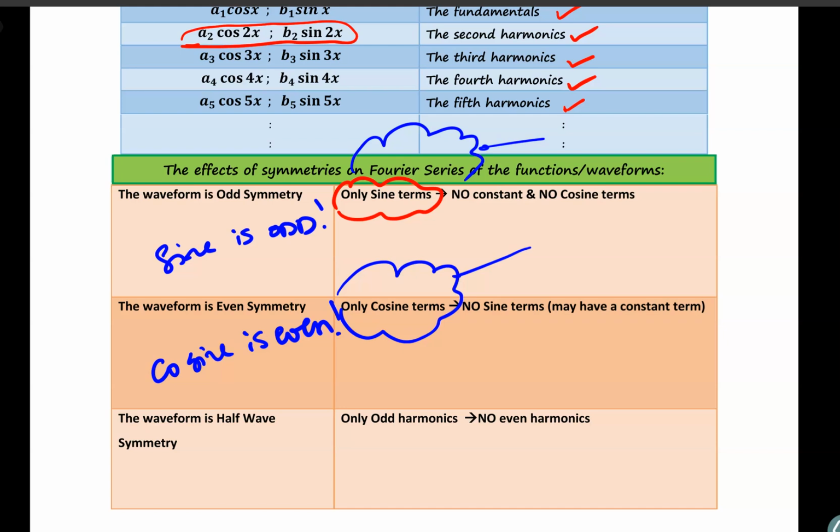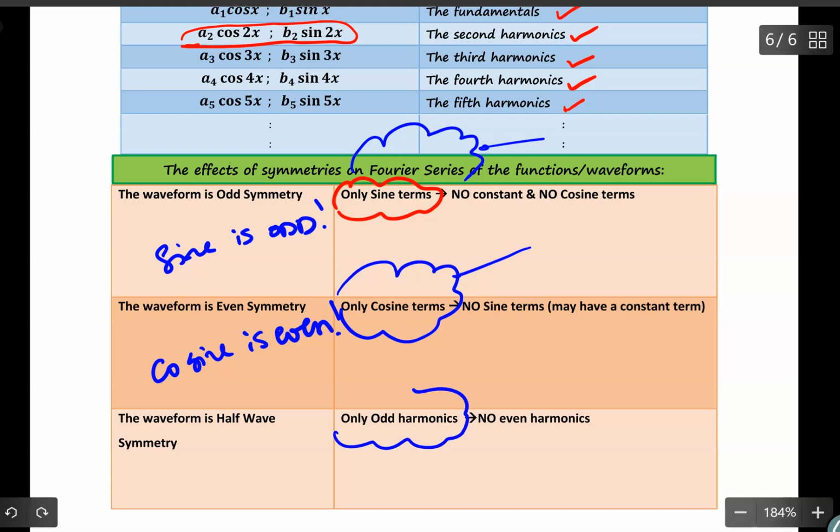If the waveform has half-wave symmetry, then we only have odd harmonics, such as a3 times cos of 3x or b3 times sine of 3x, or a5 times cos of 5x, b5 times sine of 5x.